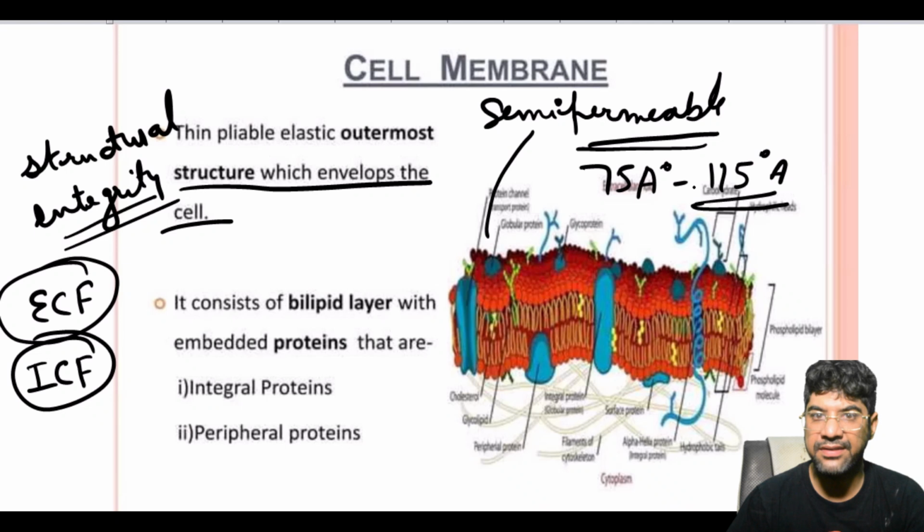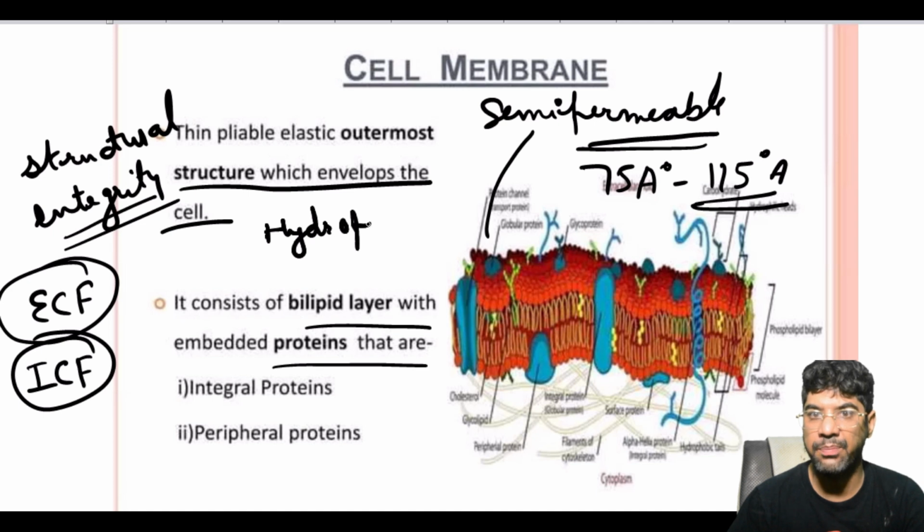This thin, flexible structure is composed of a phospholipid bilayer suspended with proteins, cholesterol, and carbohydrates that contribute to its function and fluidity. Now the cell membrane consists of two layers of phospholipid.